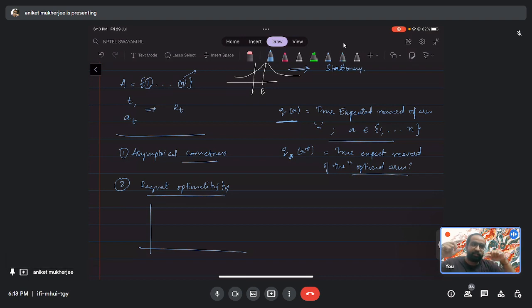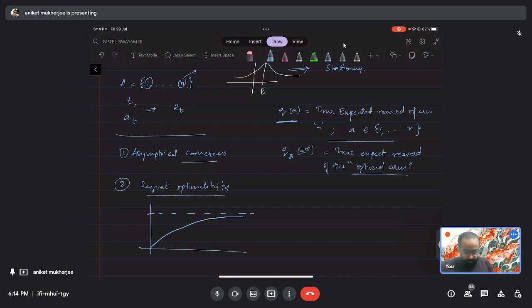If your algorithm is asymptotically correct, then as t goes to infinity, you will reach the maximum expected reward that you get if you know the underlying distribution. If you know the underlying distribution, the expected reward is constant, because you always pull the arm with the maximum expected reward. If you don't know, you want to reach the maximum expected reward. But since you are learning, there will be places where you pull some other arm which is not the maximum.